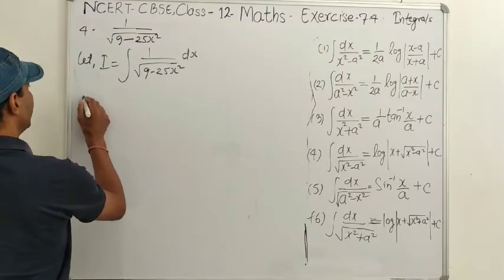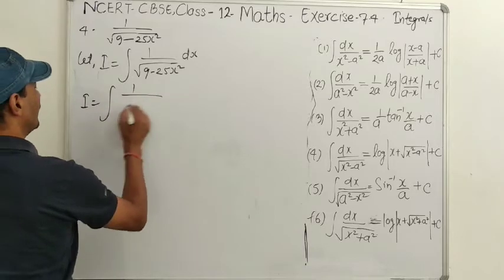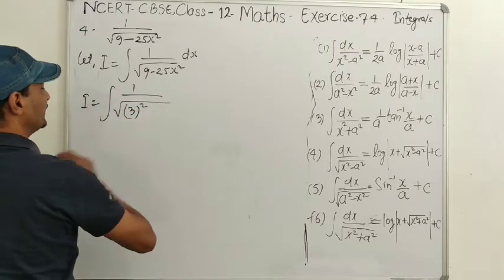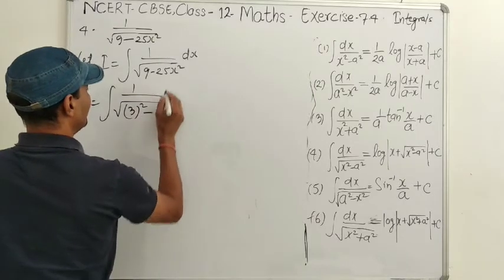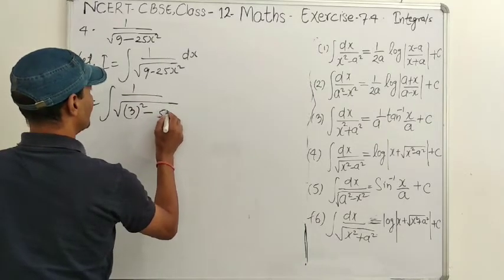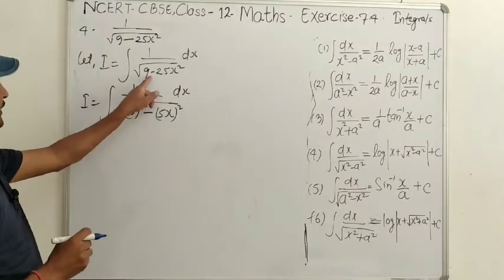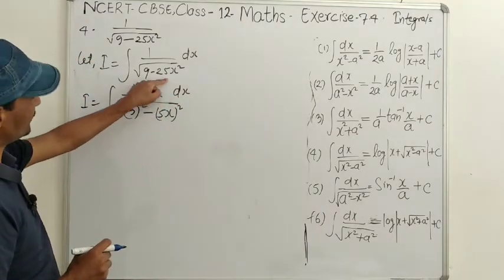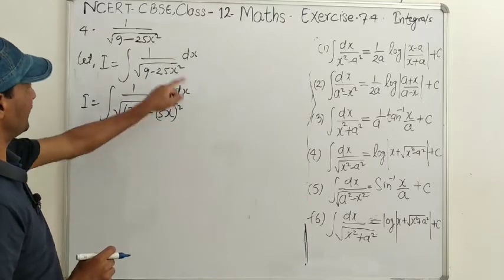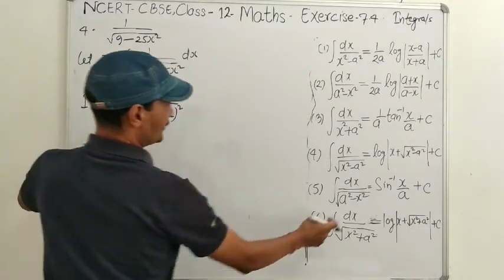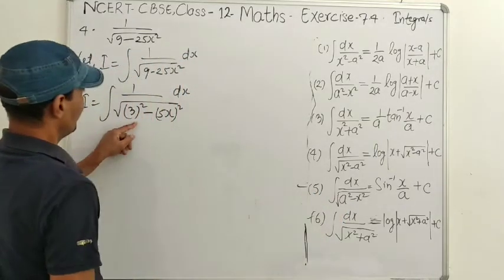It can be written as 1 by root over: 9 is the square of 3, and 25x square is the square of 5x. So it is a square minus x square, but here it is 5x.